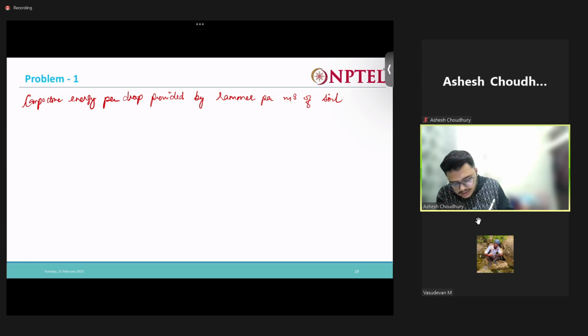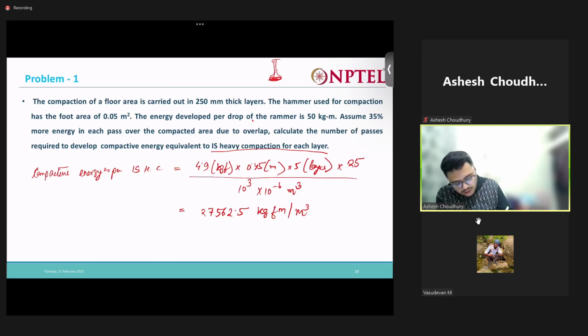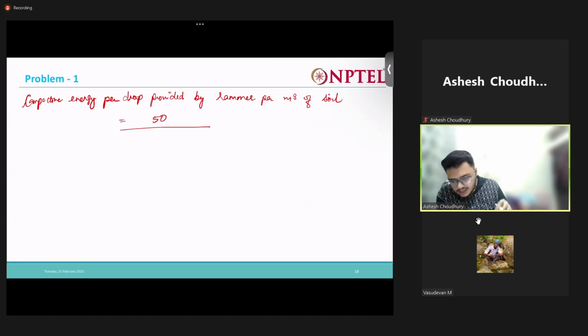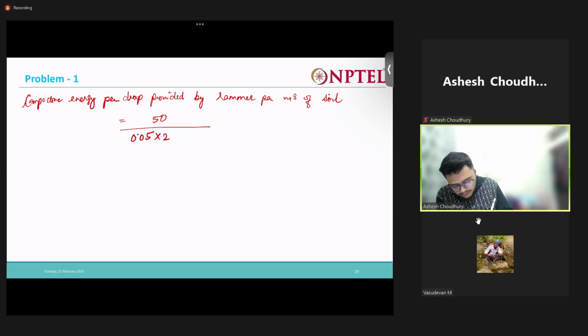It is equal to 50, because for each drop there are 50 kg meter of force. So 50 divided by the volume: 250 mm is the thickness, and 0.05 is the area of the rammer. If we do this, 10 to the power minus 3, we will get 4000 kg force meter per meter cube.